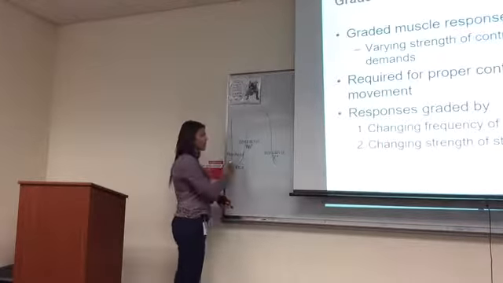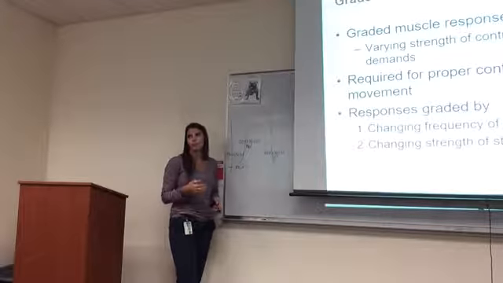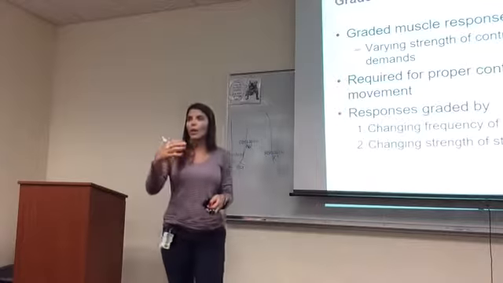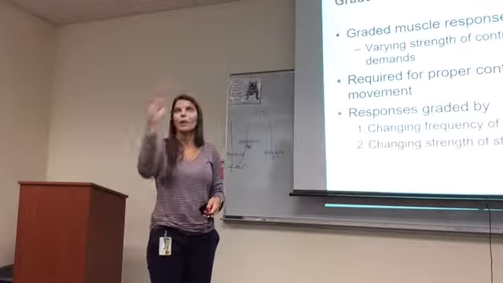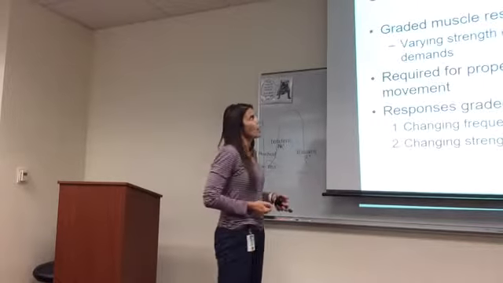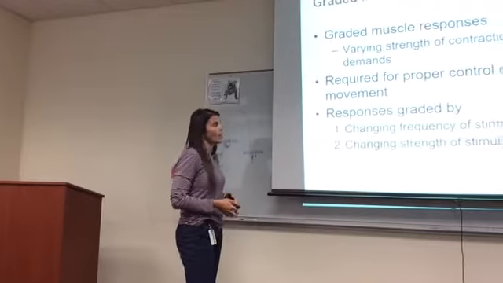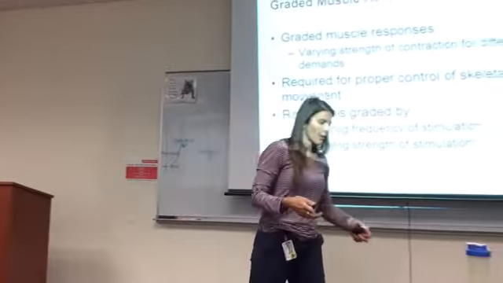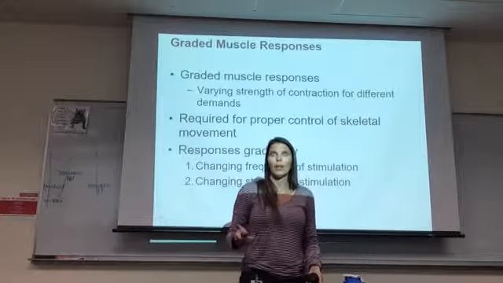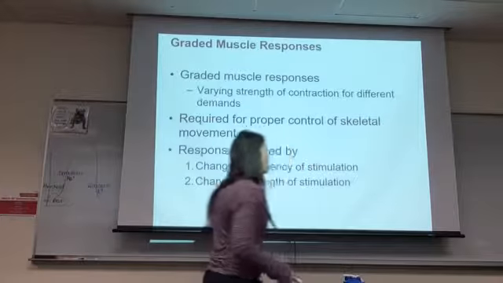Graded says, this is you like, no. Once I decide to fully get up, I've reached threshold and an action potential is generated. Okay? So graded responses could technically be depolarization or hyperpolarization, and we haven't covered hyper yet. We're going to get there in just a moment. So graded means that it did not reach the action potential.